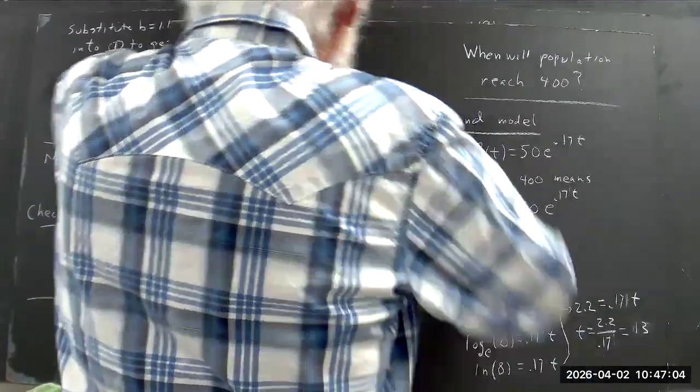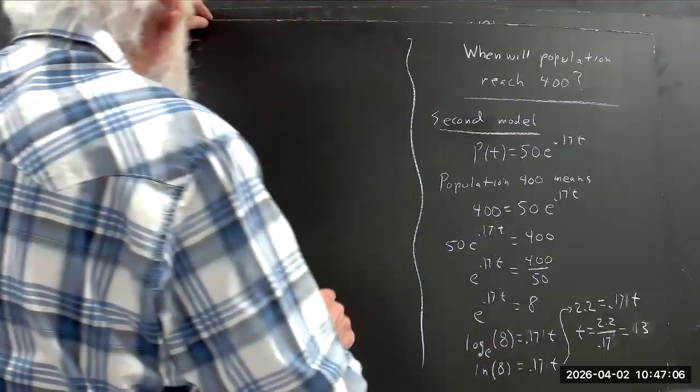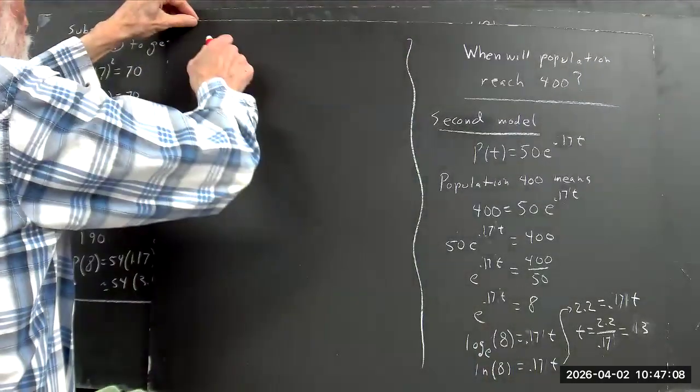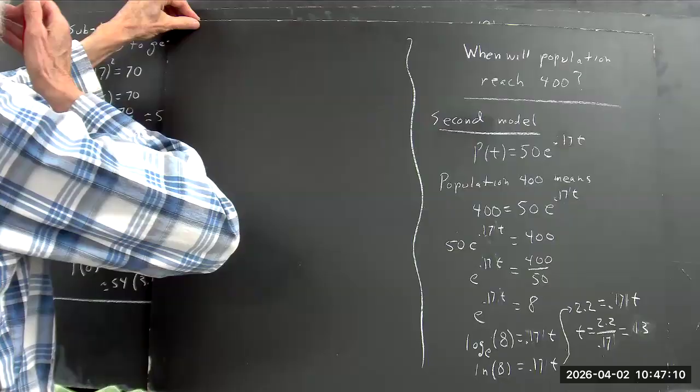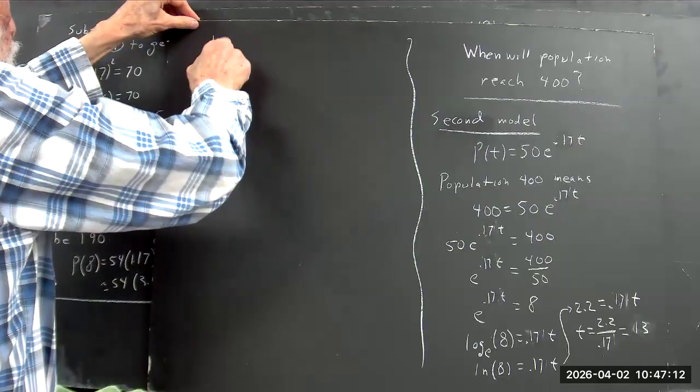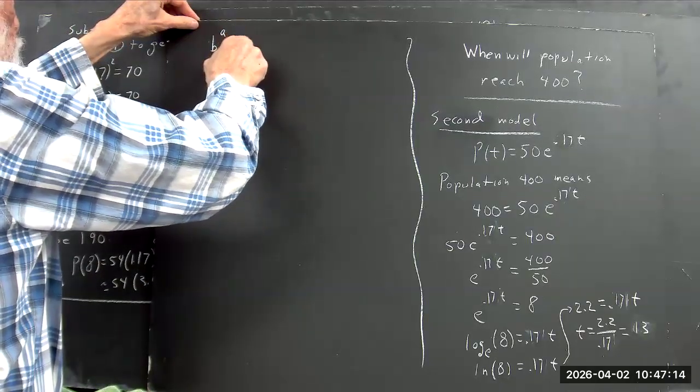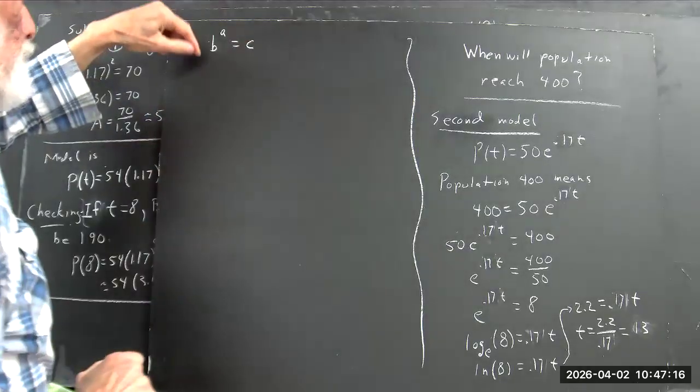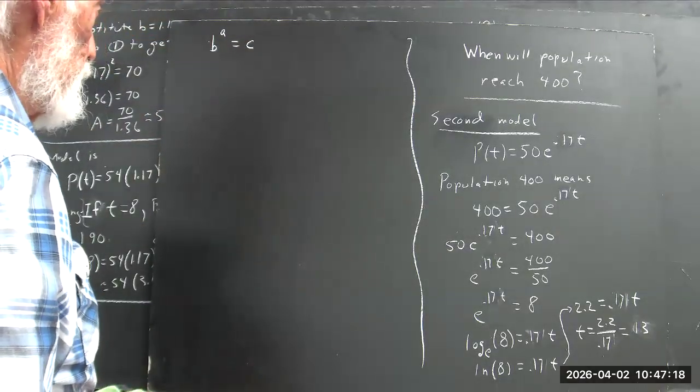Just one quick caveat. Remember that the equation you solve has to be in the form b to the a equals c. Now you might be using different letters than a, b, and c.